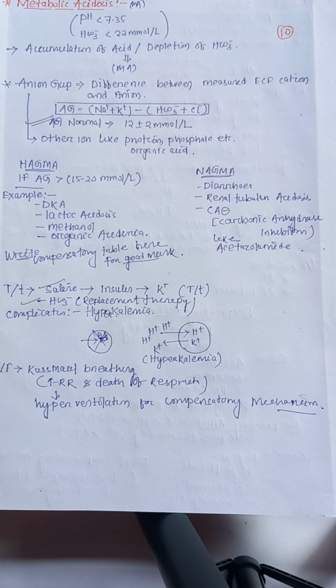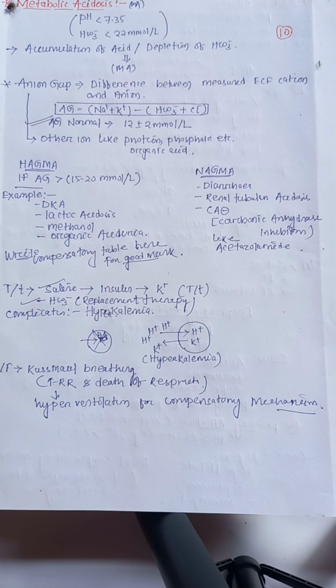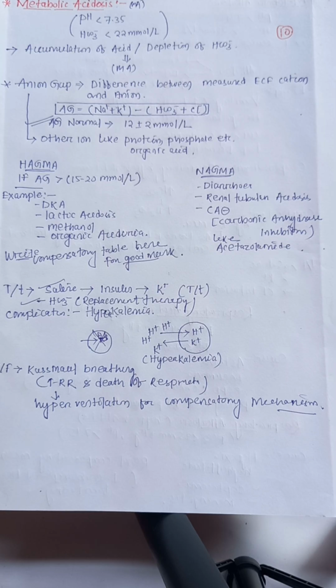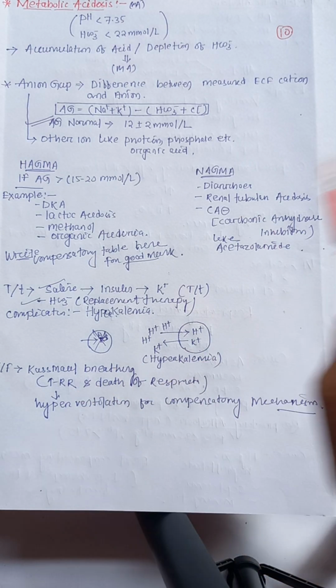If they do hyperventilation, there will be CO2 washout, that means a decrease in the partial pressure of CO2. If the partial pressure of CO2 decreases, that ultimately decreases the level of H2CO3, and in metabolic acidosis the HCO3 level is decreased, so the ratio tries to come back to 20. This breathing is called Kussmaul breathing.